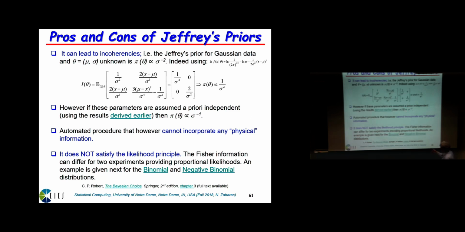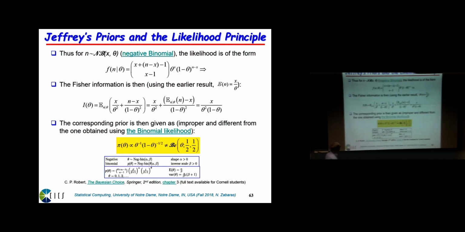But if you actually do the calculation for both of them being dependent on each other, it comes out that the prior of theta is 1/sigma squared, not 1/sigma. So it's sort of a pathology. If you treat them as independent, you get this. If you treat them as dependent on each other, the Jeffreys prior is 1/sigma squared. I don't know if it is something to be concerned about, but certainly something to be aware of.